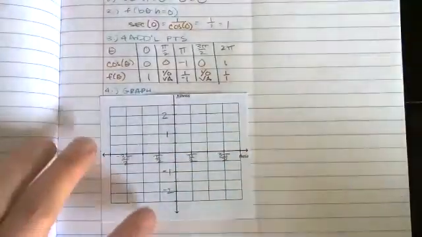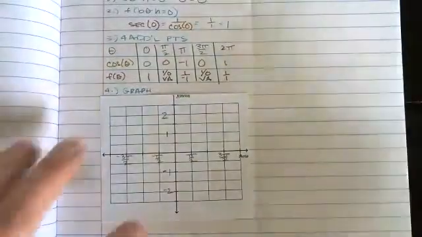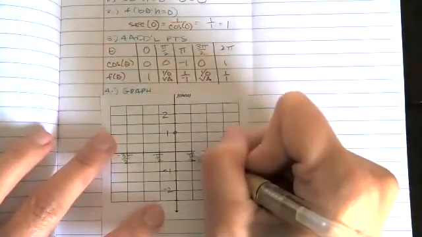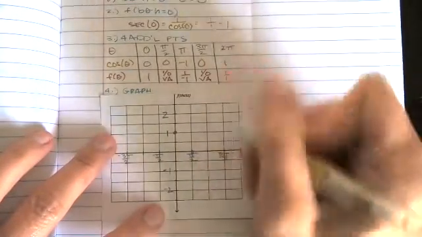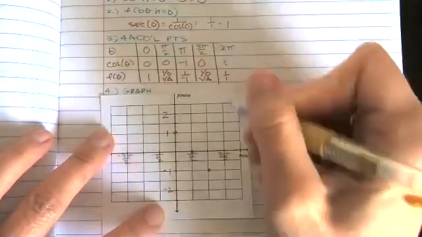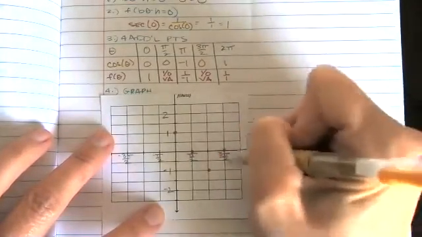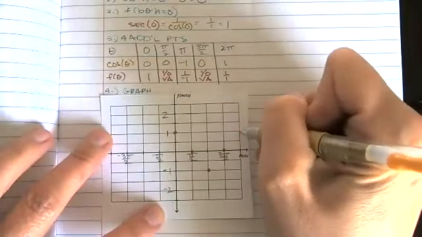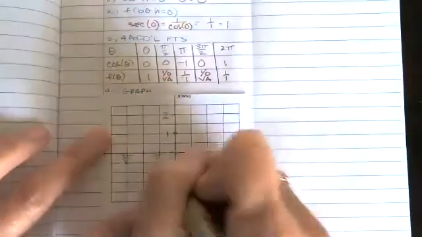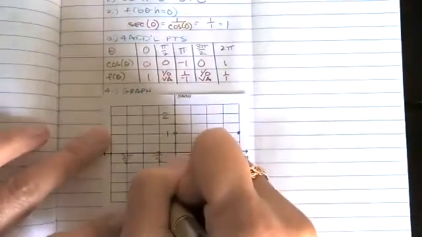But 0 is at 1. So I'm going to put this point here. Then pi over 2, we have a vertical asymptote. Pi is at -1. 3 pi over 2 is at 0, so that gives us another vertical asymptote. And then 2 pi will be at 1. So I can repeat this pattern on the other side.